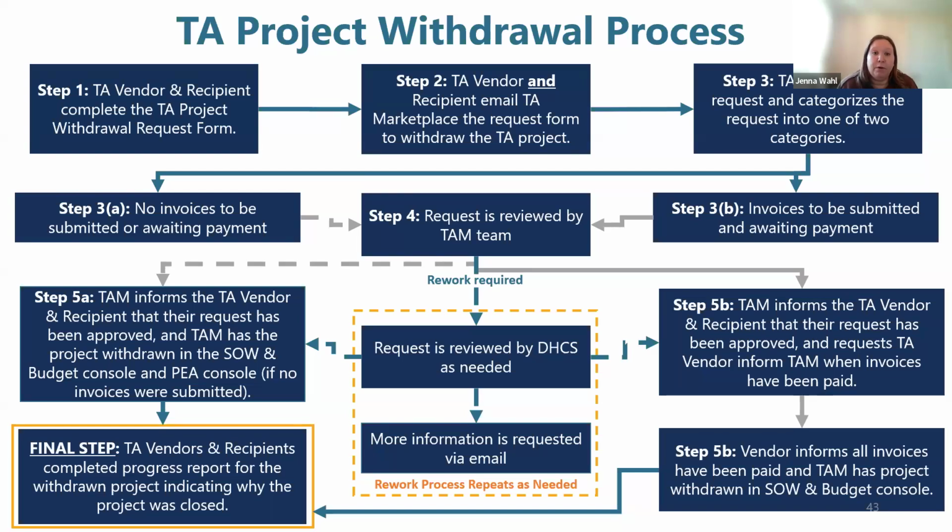If that is the case, we will review the materials with DHCS as needed. And if more information is needed, we will request that from the TA vendor or recipient. If it was approved, we will inform the vendor and recipient, and we'll have the project withdrawn within the console. And please note, all vendors and recipients are still required to complete the progress report for withdrawn projects.